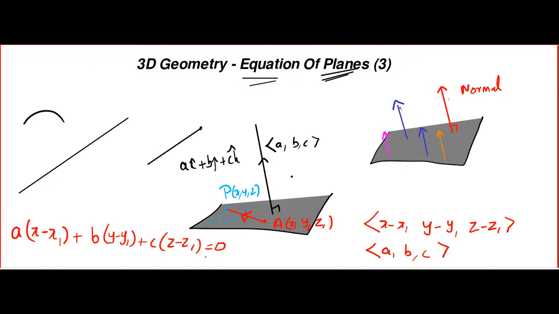Okay, so remember, this is the equation of a plane having one fixed point x1, y1, z1 and normal direction a, b, c.